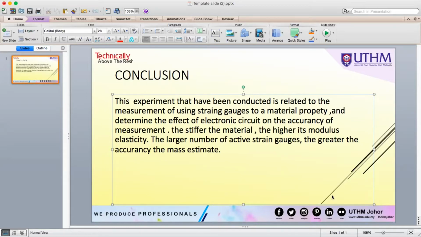The stiffer the material, the higher its modulus of elasticity. The larger the number of active strain gauges, the greater the accuracy of the measurement. Lastly, for our conclusion, we conducted a successful experiment and we got all the data for our experiment. That's all. Thank you.